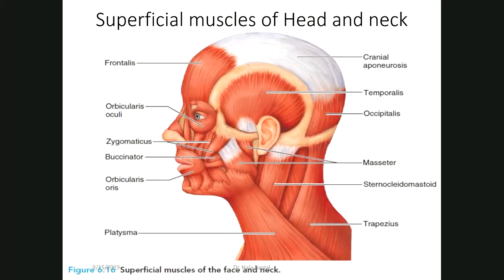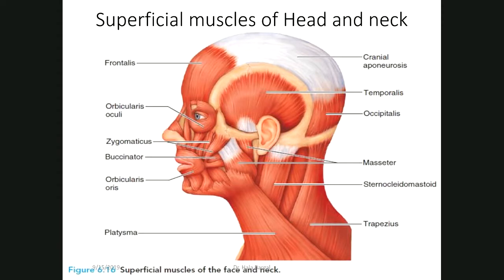It is responsible for closure of the mouth. Then we have this muscle, a little bit deep, which we call the buccinator muscle. This buccinator muscle is responsible for blowing or whistling.